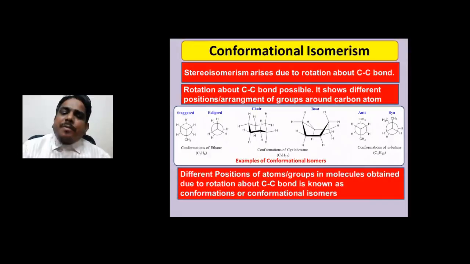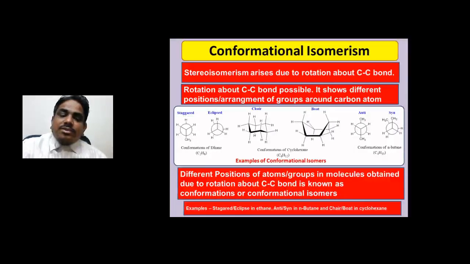Different positions of atoms or groups in a molecule are obtained due to the rotation about the carbon-carbon single bond, and those different positions are known as conformations or conformational isomers. The examples are staggered, eclipsed, anti, syn, and chair or boat conformation in cyclohexane.